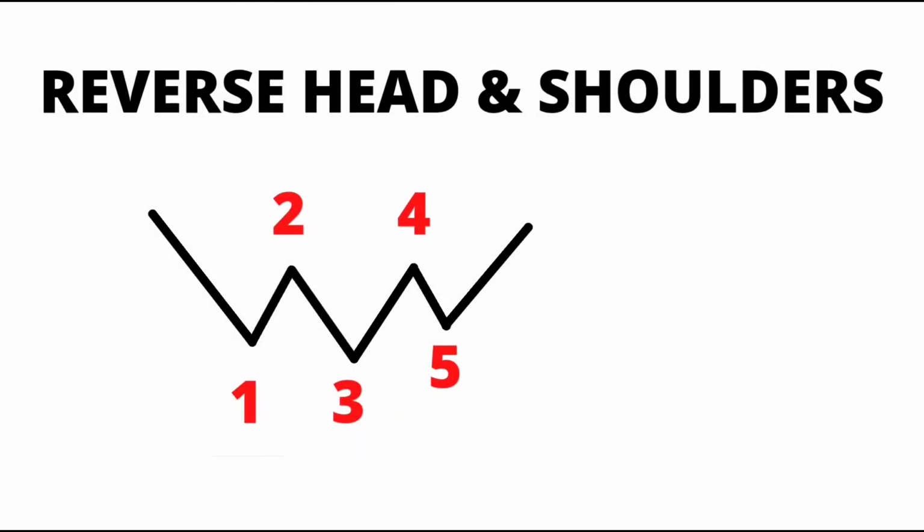We have a lower low followed by a higher high. The logic behind that is sellers are able to create a low in number 3, but at the last they cannot create a lower low in number 5. The pattern is confirmed when the price breaks the neckline. As we have already stated, it can be horizontal or sloped depending on where the highs and lows are located.